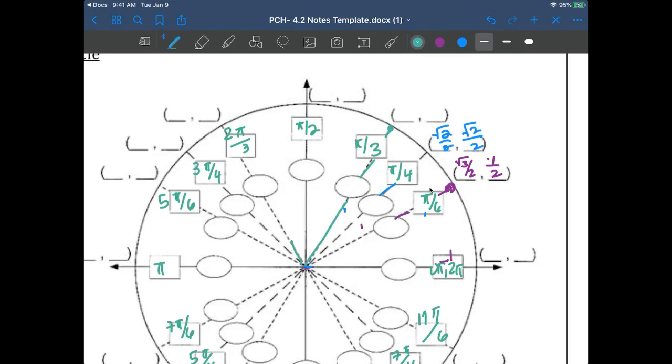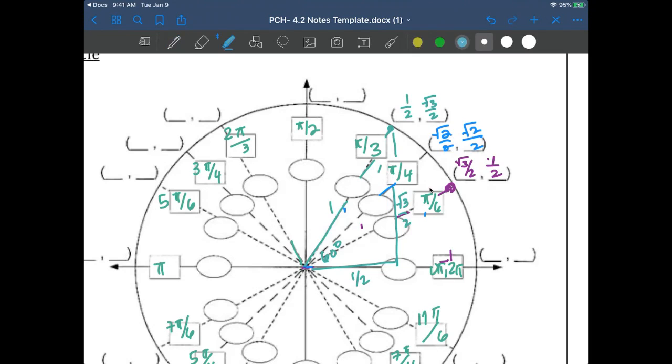Anyway, okay, so this is a 60-degree angle. So across from 60 would be root 3 over 2, and then across from 30 is 1/2, and our radius is 1. So my x value is 1/2, and my y value is root 3 over 2.